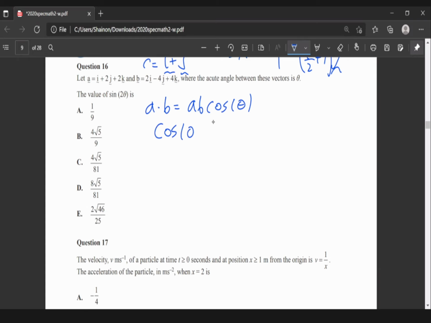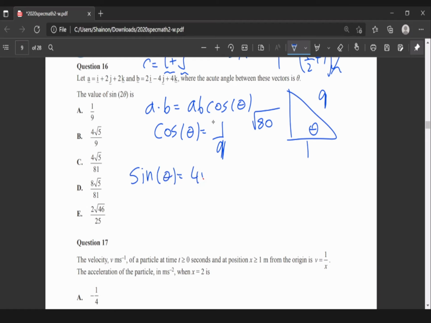So cos theta equals 1/9. So sine theta is going to be 4√5/9.